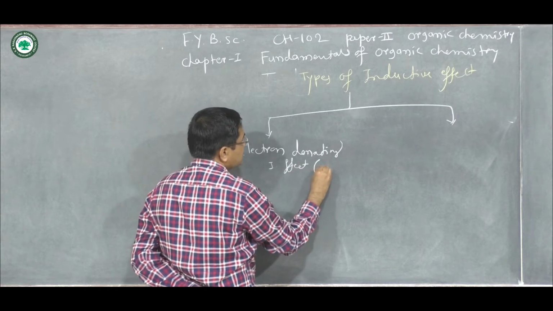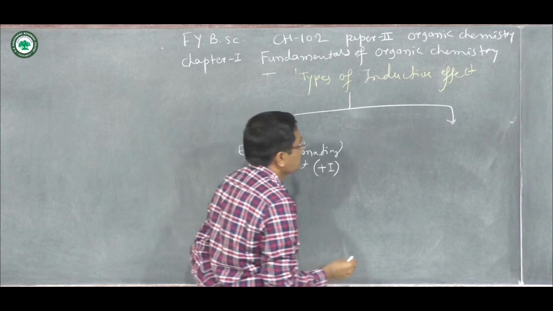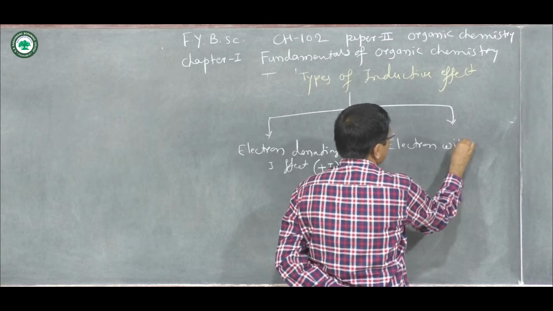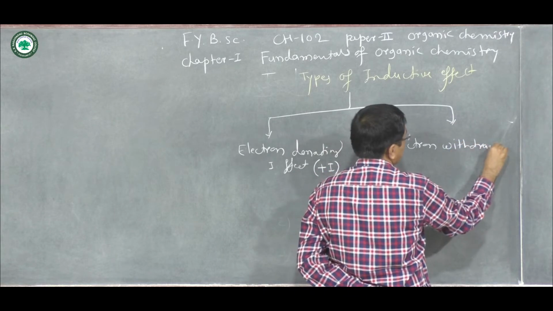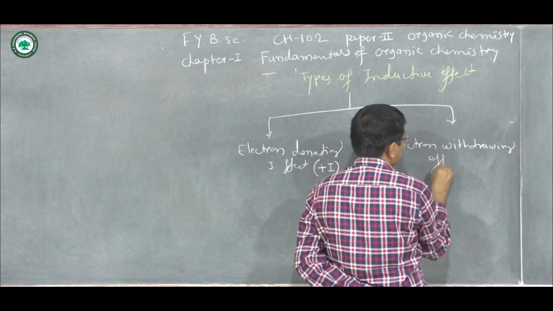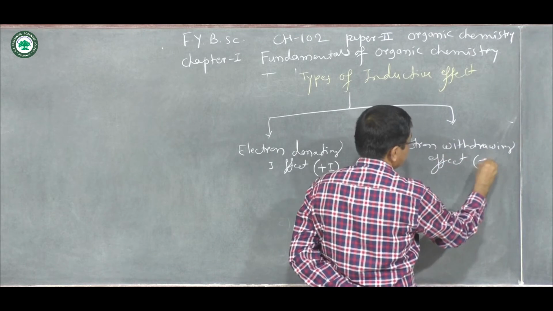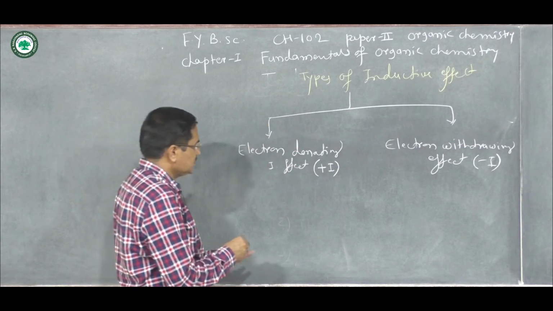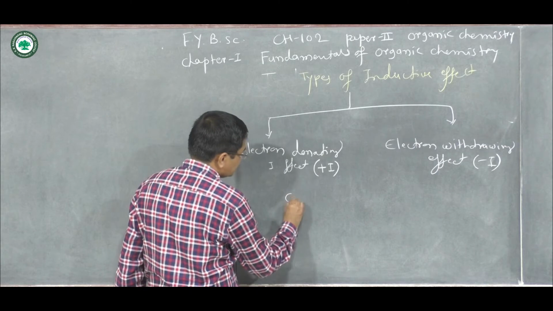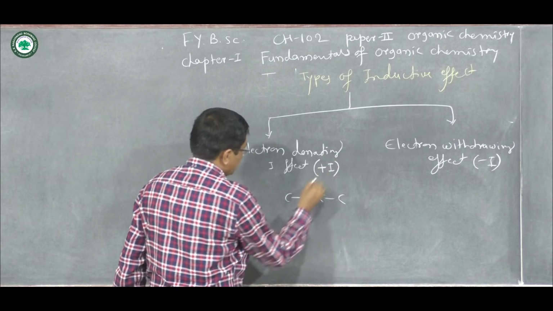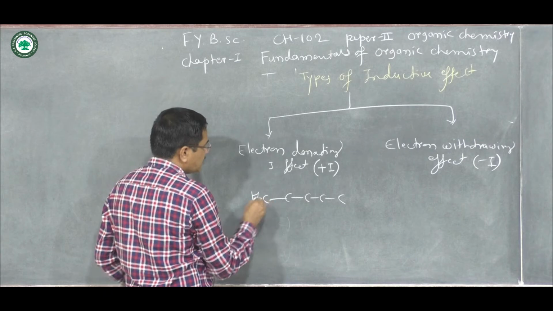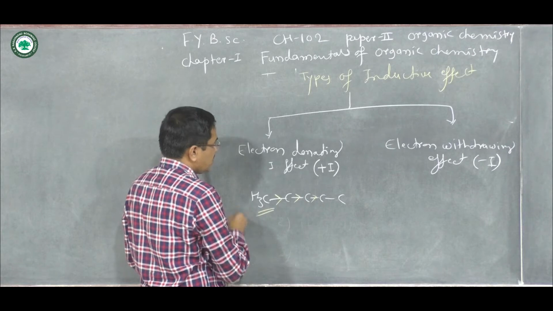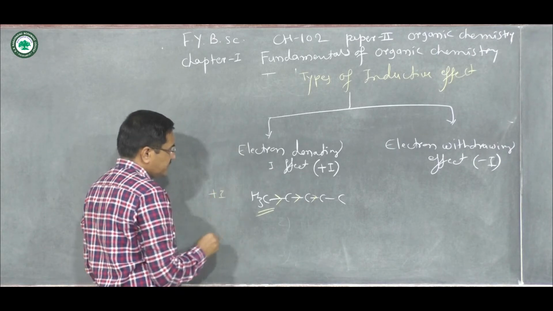This is termed as plus I effect, and another one is electron withdrawing, that is minus I. Now here some groups added the electron to carbon chain, and this is termed as plus I effect.